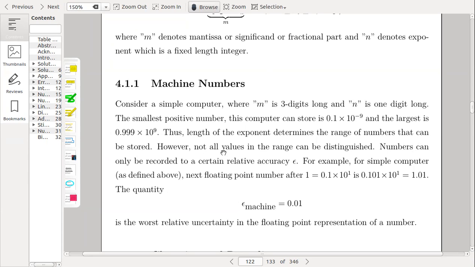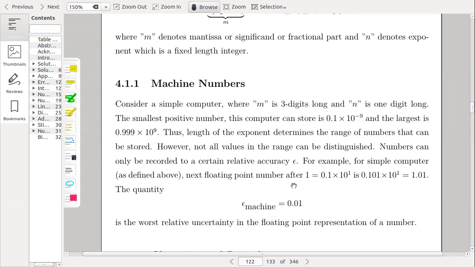However, not all values in the range can be distinguished. Numbers can only be recorded to a certain relative accuracy. For example, for the simple computer defined above, the next floating point number after 1 is 1.01.